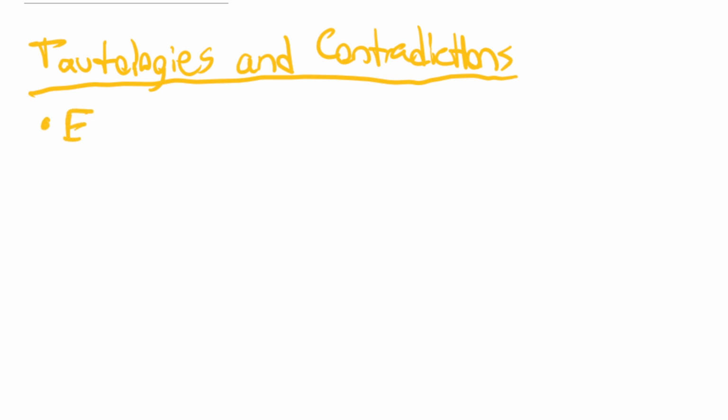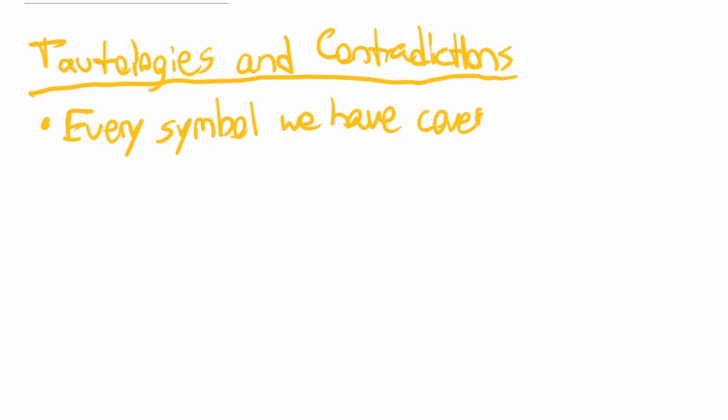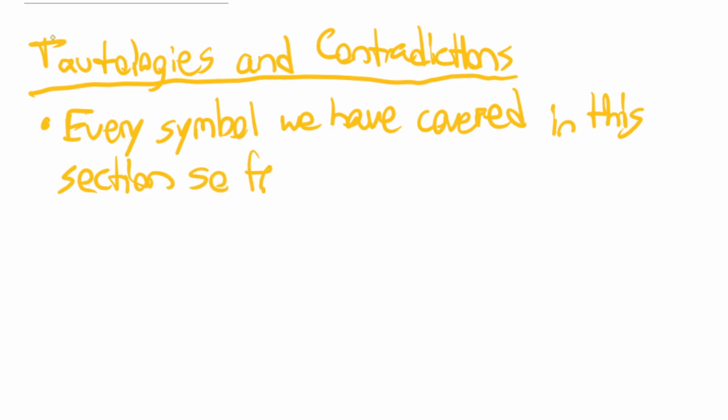So, every symbol we have covered in this section so far, just to list them out, we have negation, disjunction, conjunction, implication, and biconditional.